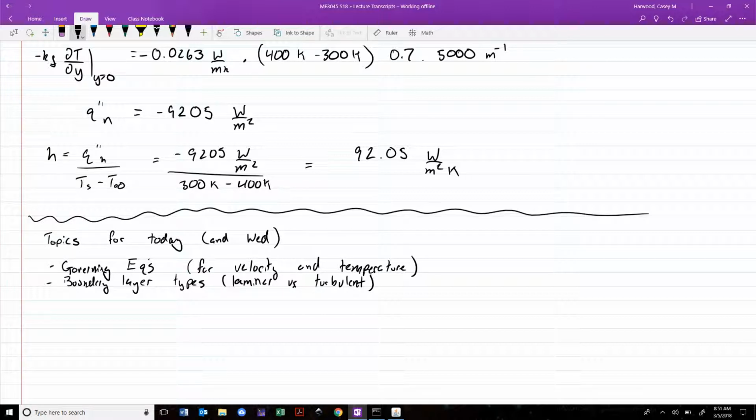So I'm going to do a little bit of switching around right here just to better manage the time. The governing equations is going to be a long theoretical lecture, so we're going to break that up and talk about these boundary layer types first.